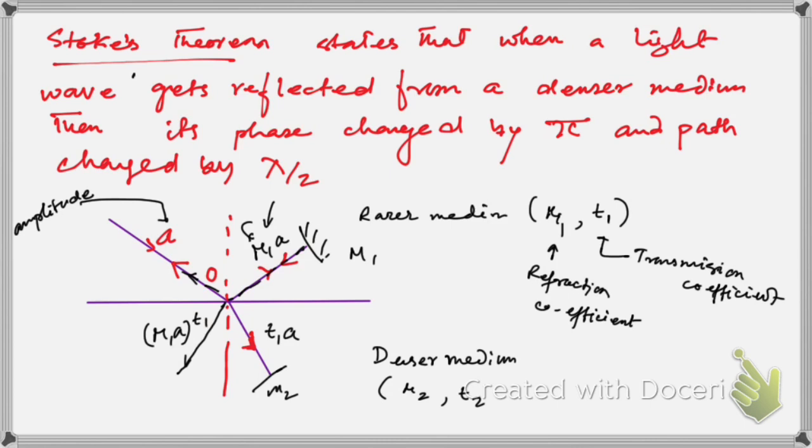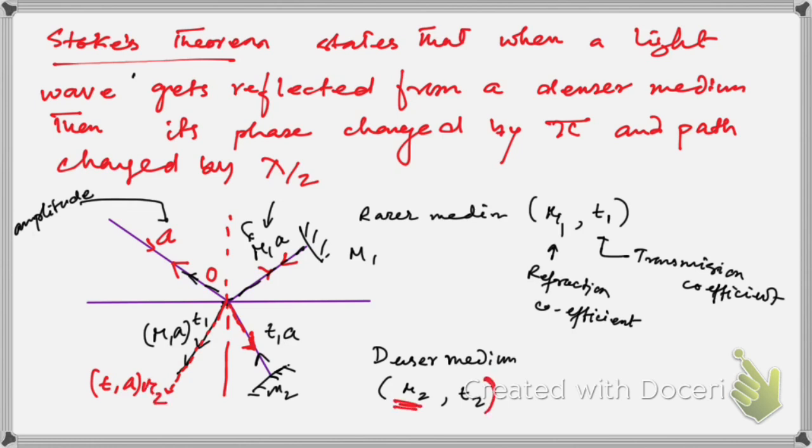Now similarly, as you put the mirror here M2, this will also be reflected from M2. Then from this portion, one part will be reflected like this way, with amplitude T1 A, and its refraction coefficient is R2.